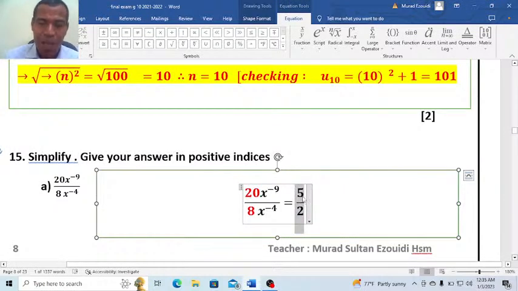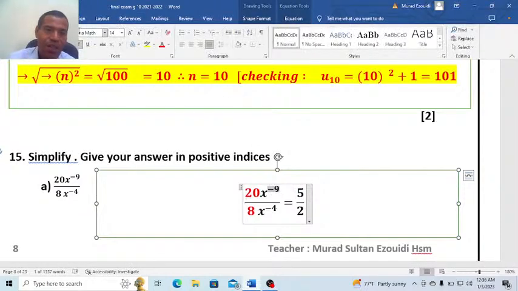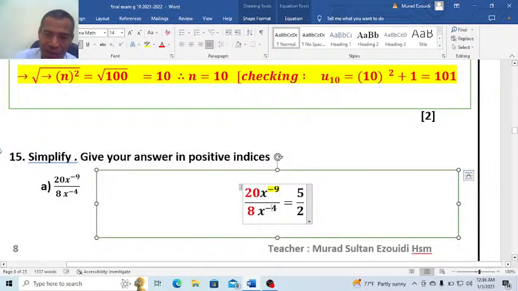Now I will move to x to the power negative 9, and below, the denominator, is x to the power negative 4. We can see that negative 4 is greater than negative 9, so if you cancel x to the power negative 4 and leave it on top, your answer will be negative.